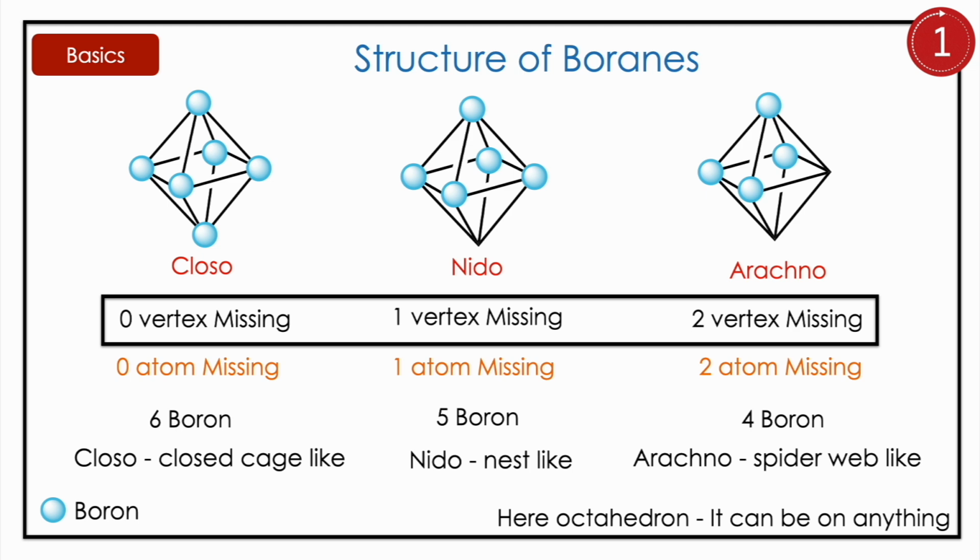So closed means Closo, one atom missing means Nido, two atoms missing means Arachno. So you should know the basics here. Why do we call them Closo, Nido, Arachno? Closo means closed, Nido means nest-like structure, Arachno means spider-web-like structure. You should know why we are calling them by these names and what the difference is.